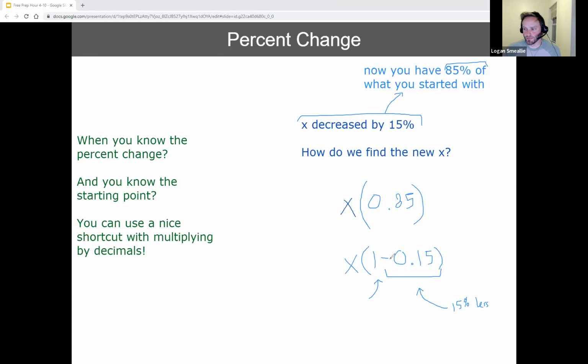If I were to simplify this by combining this subtraction, I would get to this right there. So a really good decimal calculation shortcut for when you know the percent change and you know the starting point is when I would most recommend using this shortcut.